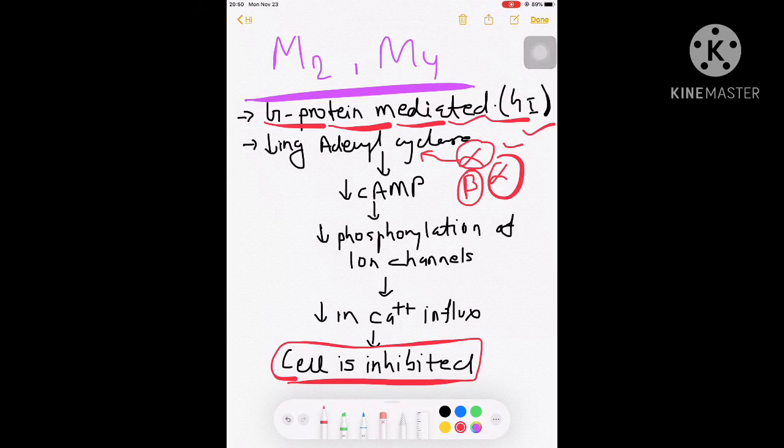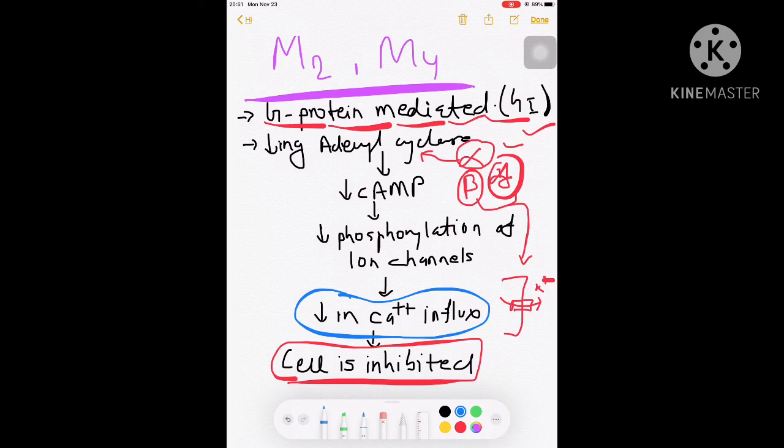The beta and gamma parts go to the cell membrane surface, open channels, and leak out potassium through them. So a dual action is happening: calcium is not coming inside the cell, and the positive charge, potassium, is also being thrown out of the cell. Thus the cell is inhibited.